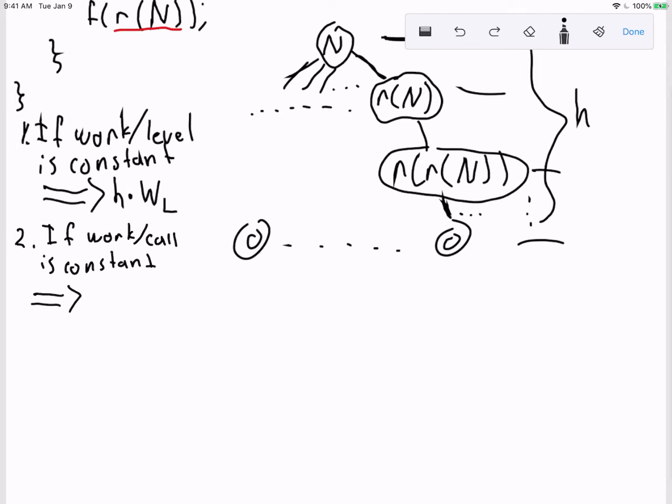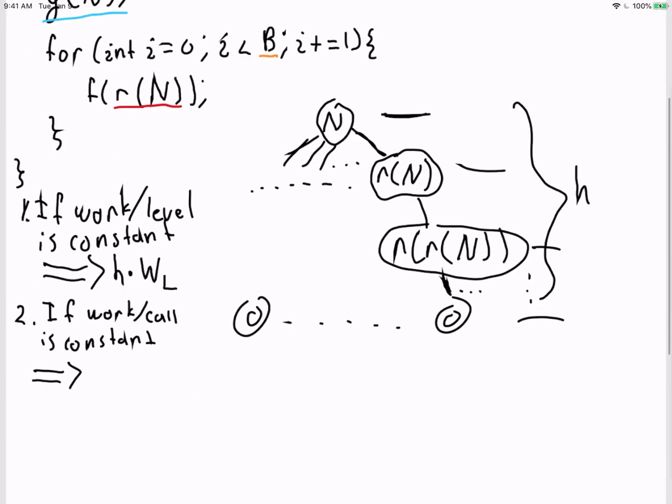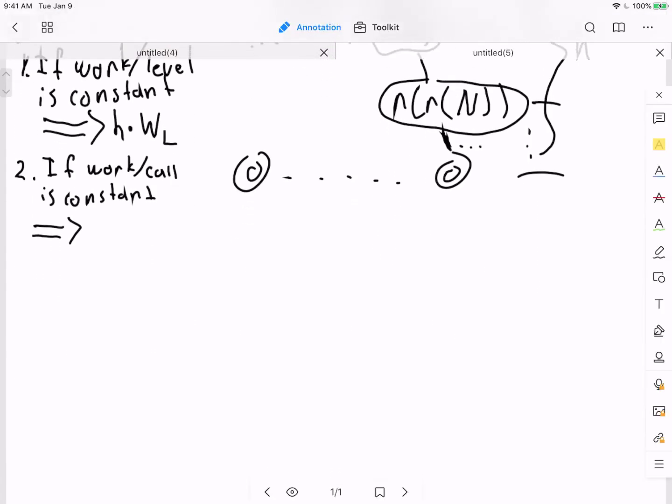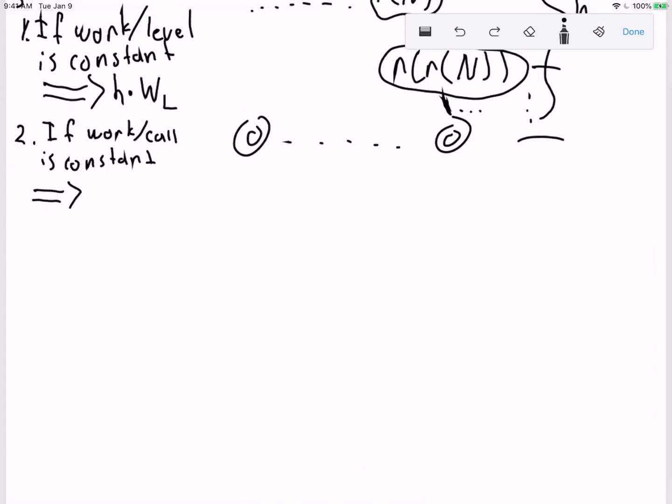This is one of the easier ones as well. If every node, or call to the function, does the same amount of work, and again, remember the work per call, that was that g function earlier. It's this g function up here. If that's constant, as in it's the same for every single node, then what we can do is just count the number of nodes in the tree.